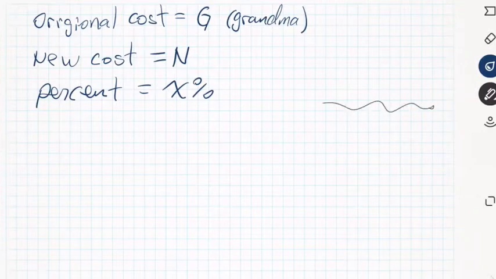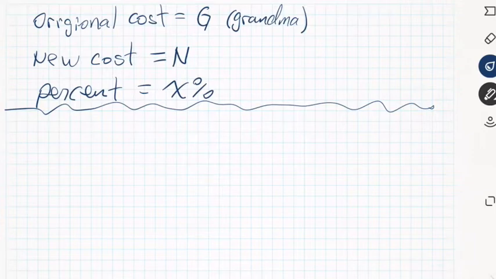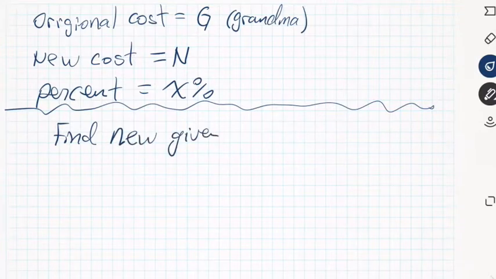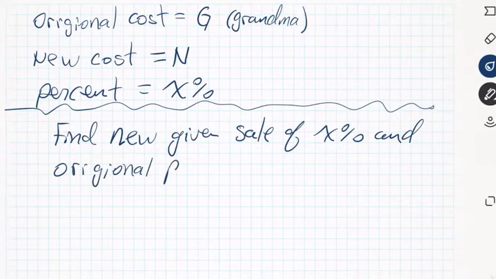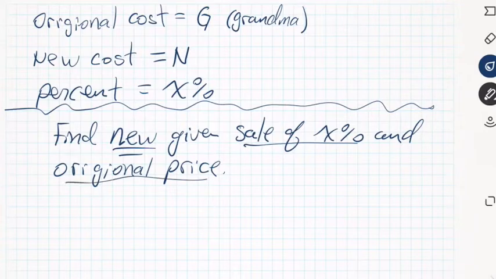All right, so with those variables in mind, let's find the new cost given a sale of X%, and of course the old cost, the original price. So I want to find the new value based off a sale of X% off some original price.